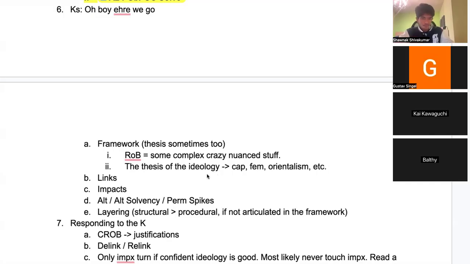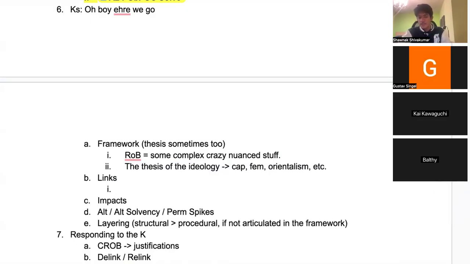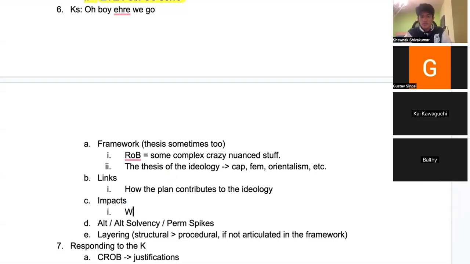But okay, anyways, that's the thesis. And then I described the links: how the plan contributes to the ideology, and the impacts, what are the bad harms of the ideology spreading.